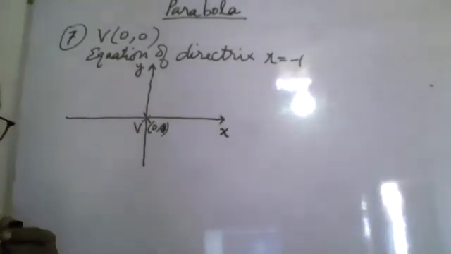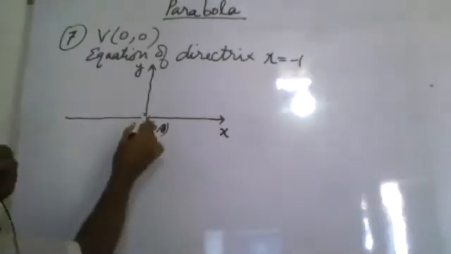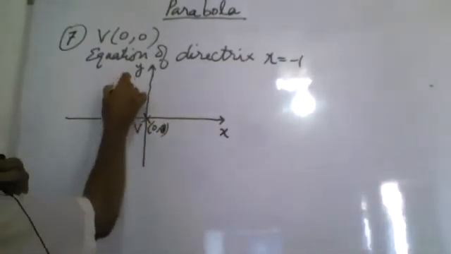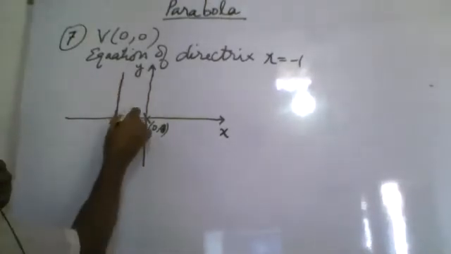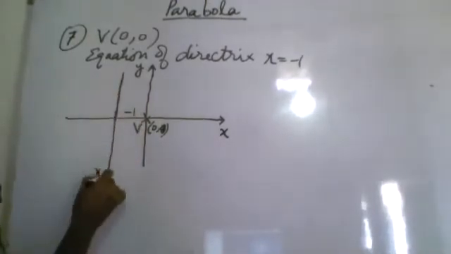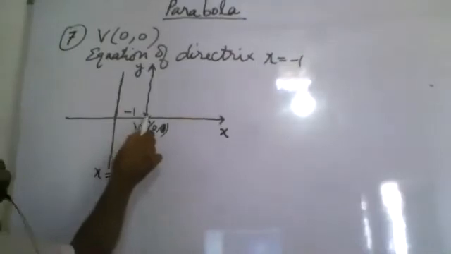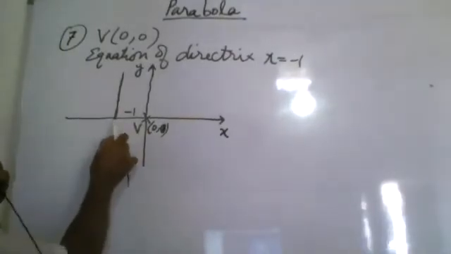Equation of directrix x is equal to minus 1. From here to here, the distance is minus 1. So x is equal to minus 1 is the equation of the directrix.